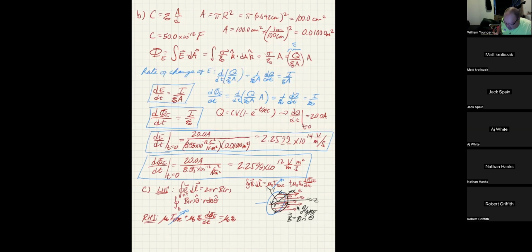We have to figure out what fraction of the flux is going through. So in fact, d by dt of the flux is going to be A times dE/dt.